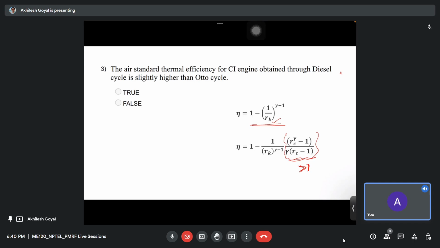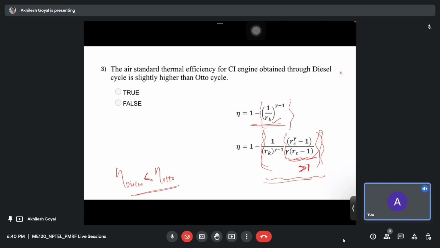This value higher than 1 always increases the value of this whole parameter compared to this parameter. So the efficiency of diesel cycle is a little lesser than the efficiency of Otto cycle.